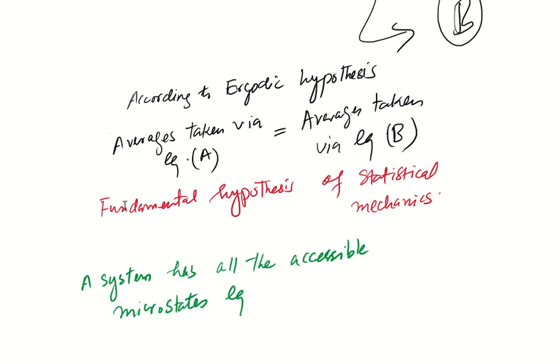This was the statement of our postulate. So a system has all the accessible microstates equally probable.